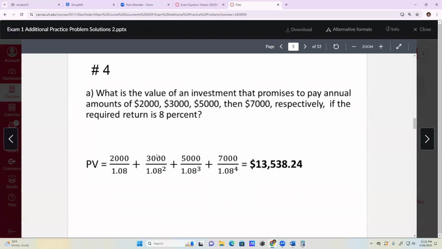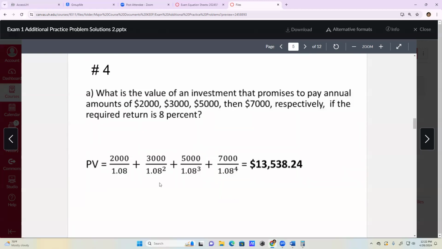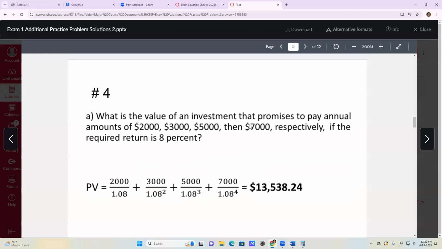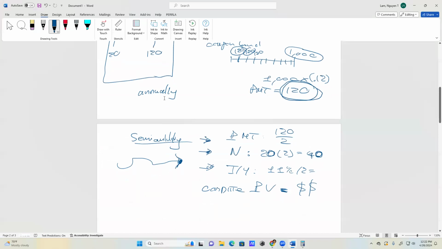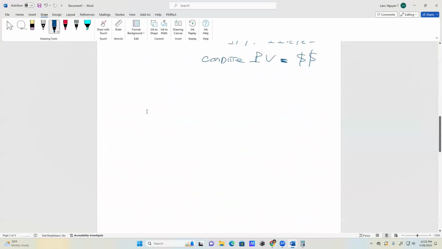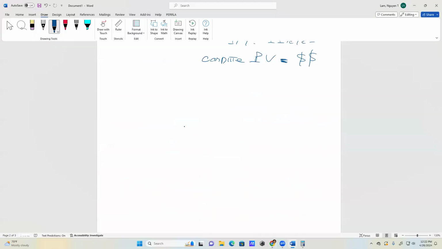I would tell you guys to use the calculator to do this. Okay, so this is also you have to put into the calculator using the white button, right? Let me, okay, what does it give you?